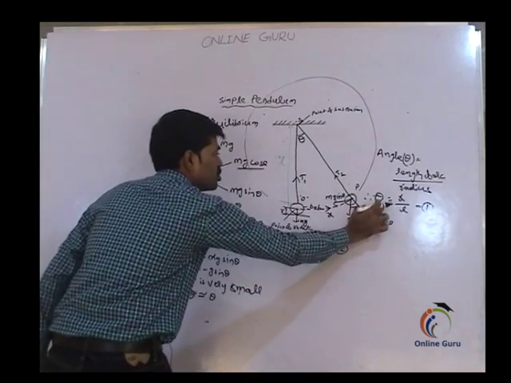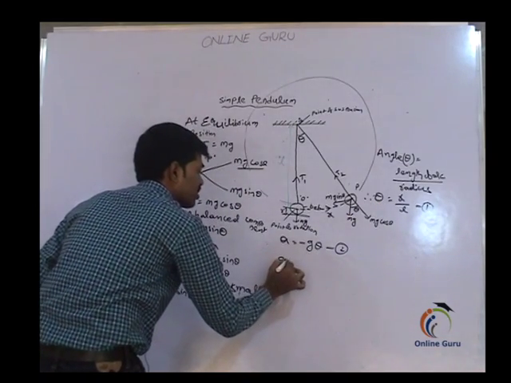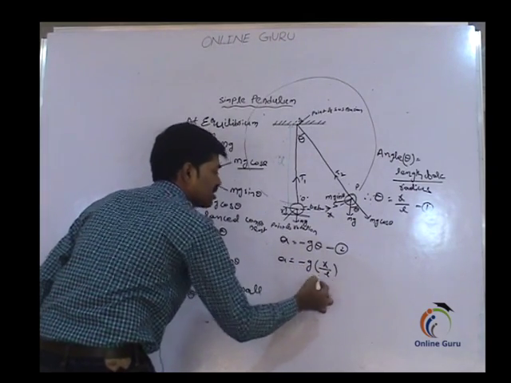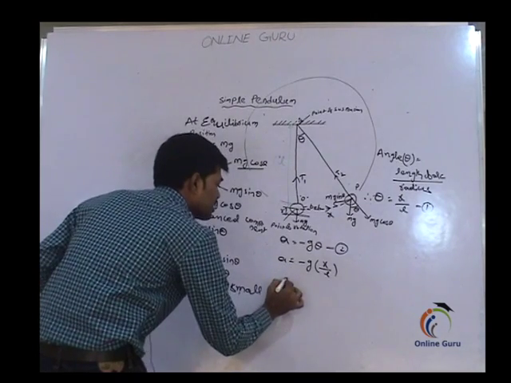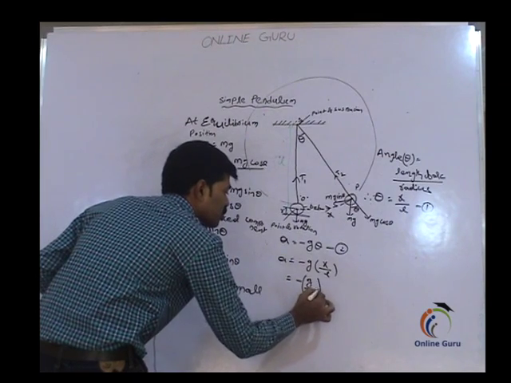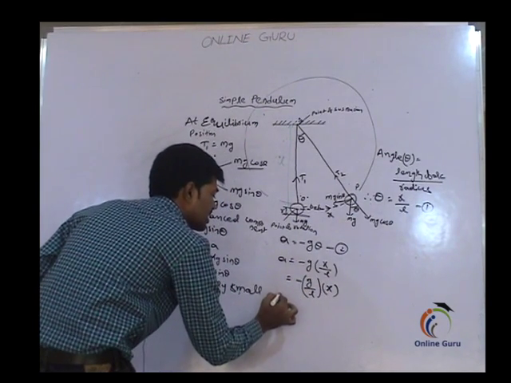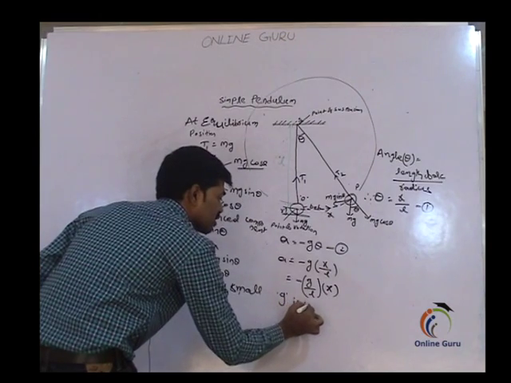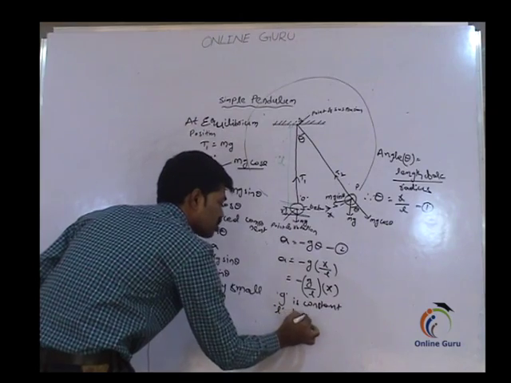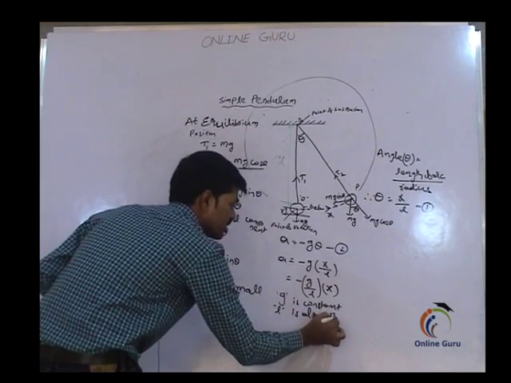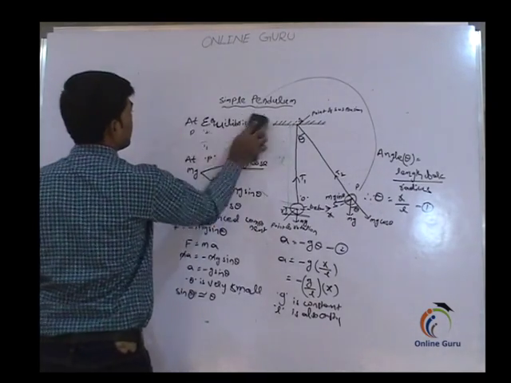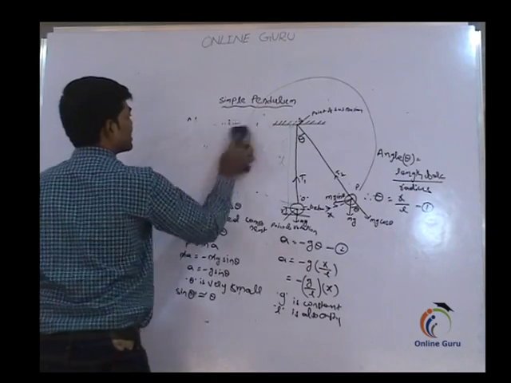So substitute this theta value here, then a is equal to minus g into x by L, which is equal to minus g by L into x. So g is a constant, and L is also constant.